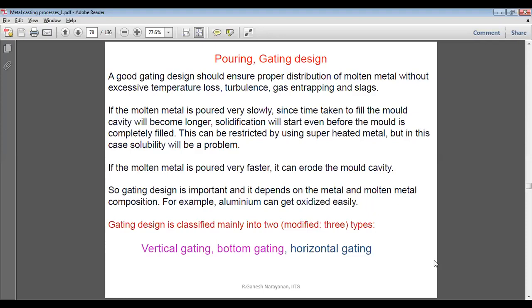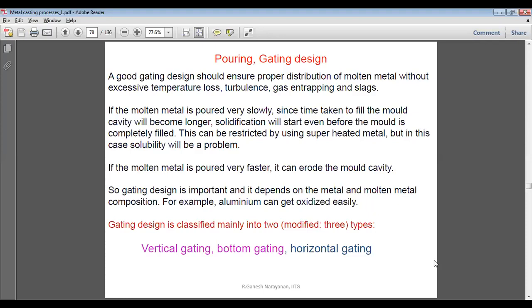A good gating system must provide a smooth transfer of the molten metal, and it should also protect the mold. The back propagation and turbulence while pouring the molten metal into the mold must be controlled, the entrapped flue gases must be removed, and no slags should form.